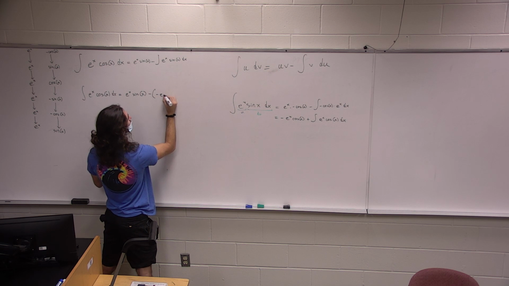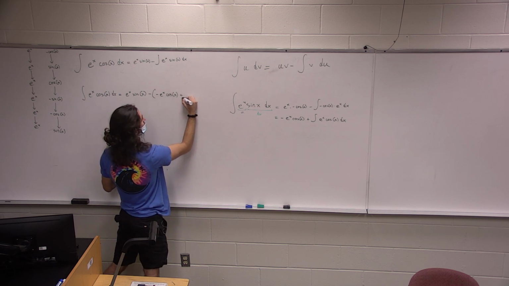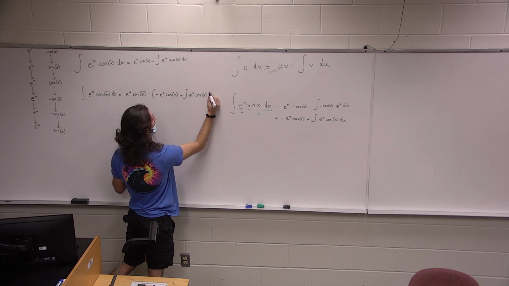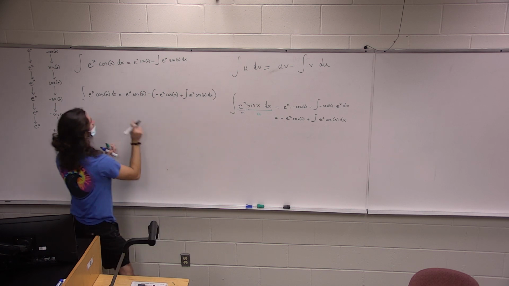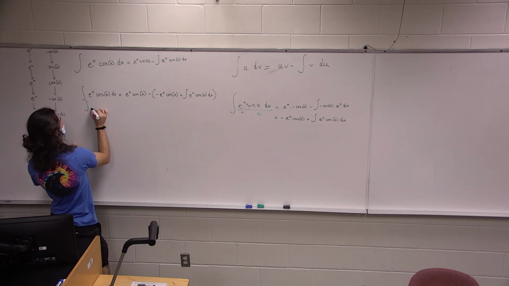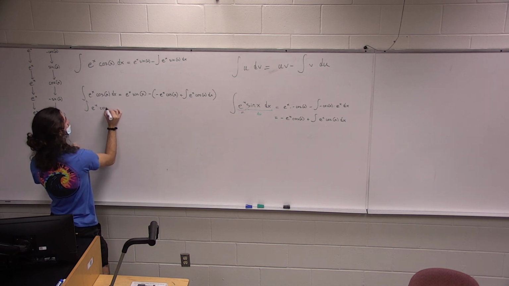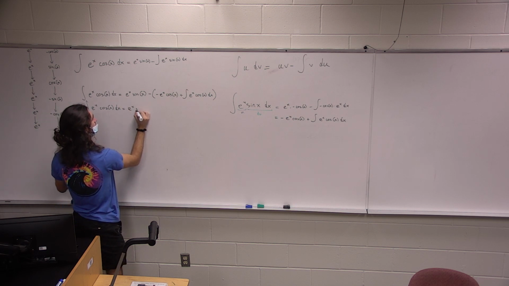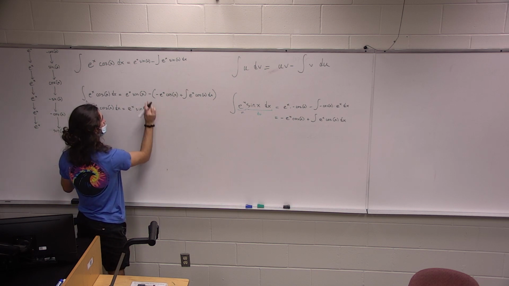It's negative e to the x cosine x plus the integral of e to the x cosine x dx. And if I simplify that, distribute this negative.